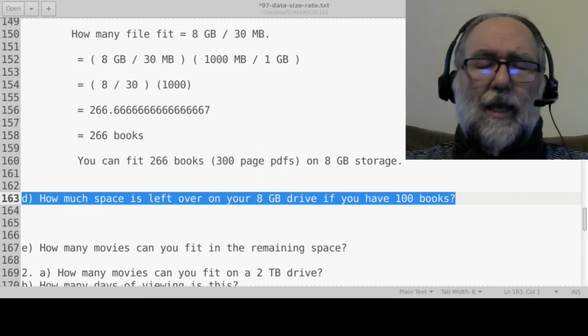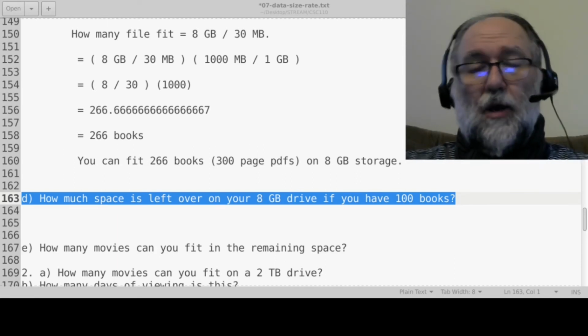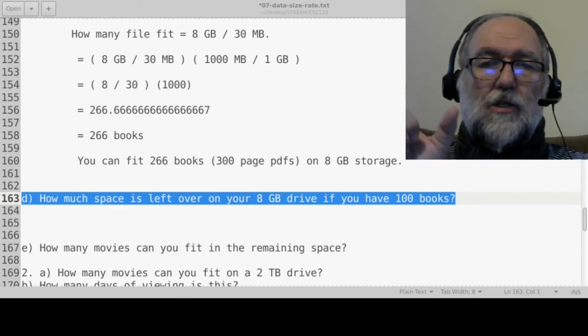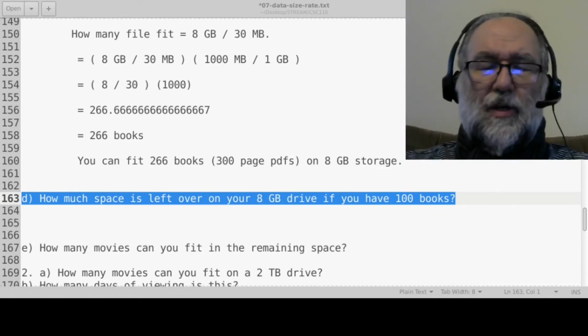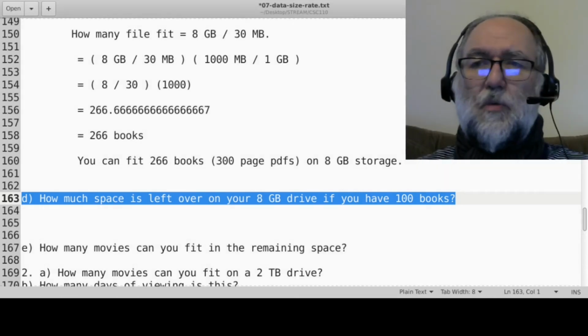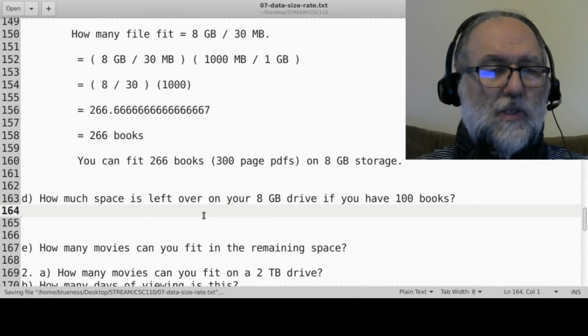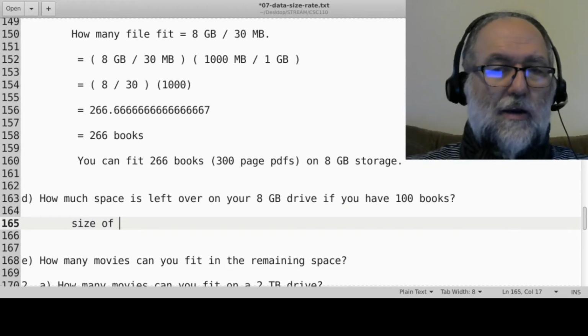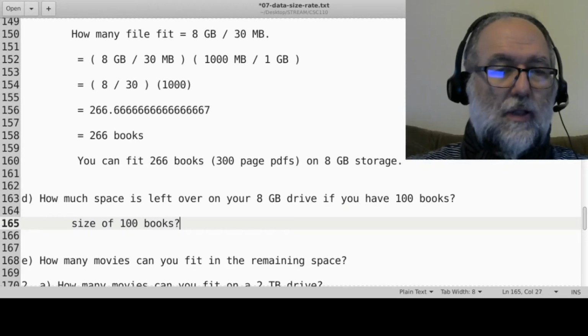This is an 8 gigabyte USB drive, pretty old because we're up to about 64 right now, even 128. So you've got this 8 gigabyte drive, and you only need to put in 100 books. How much space is left over? Just use your intuition here. What's the size of 100 books?